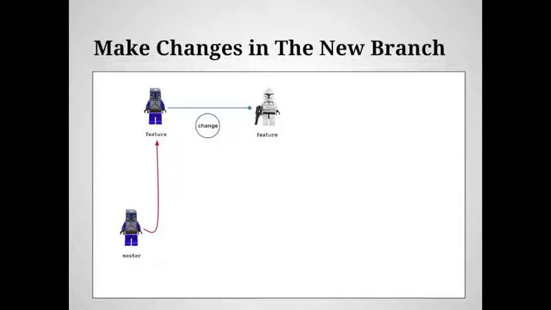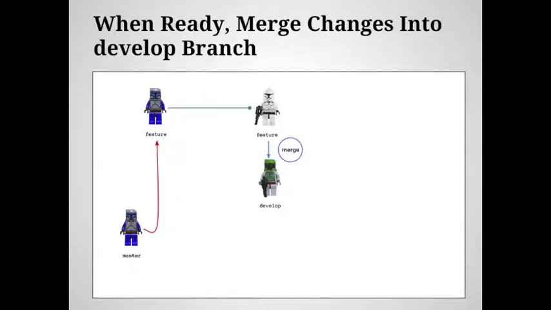In order to test that, once I'm ready, we run a merge command to bring those changes into that develop branch. Git is really good at this. We'll demonstrate actually doing a merge without conflicts and with conflicts, but it tries to resolve any conflicts for you. If it can't, it prompts you to go in and resolve conflicts between changes.